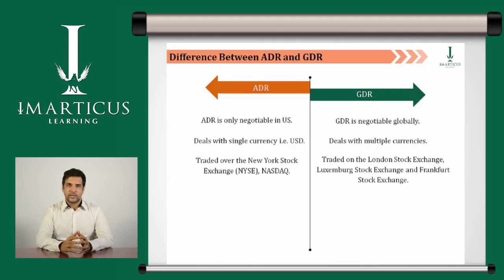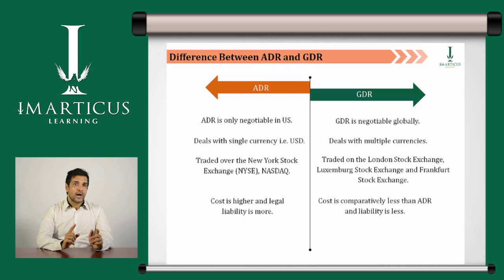ADRs are traded over New York Stock Exchange or NASDAQ, and GDRs are traded on the London Stock Exchange, Luxembourg Stock Exchange, and Frankfurt Stock Exchange. The cost of an ADR is higher and legal liabilities are more, whereas the cost of a GDR is comparatively less than an ADR and the liability is also lower.